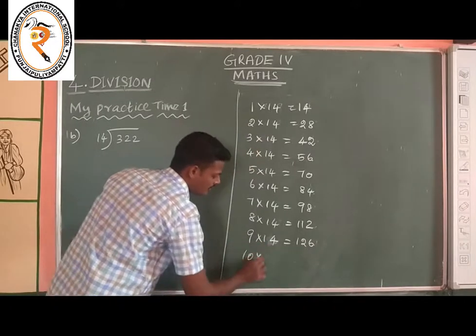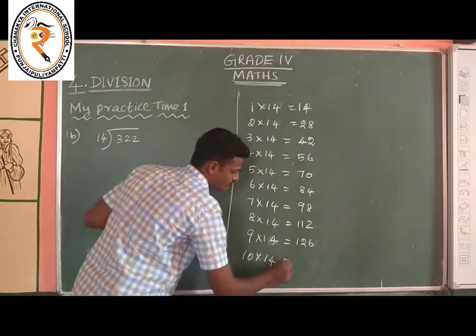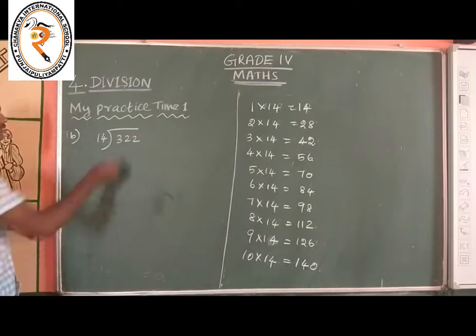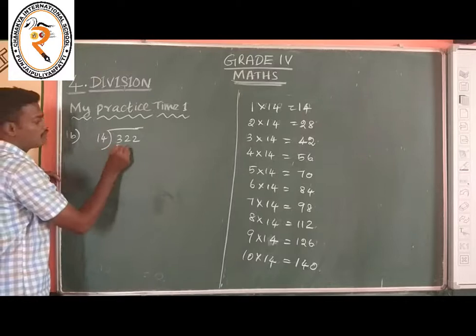And 10 14s are 140. First, we select the first number, 3.